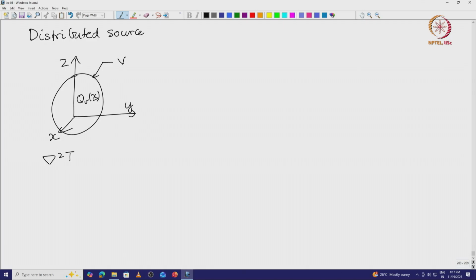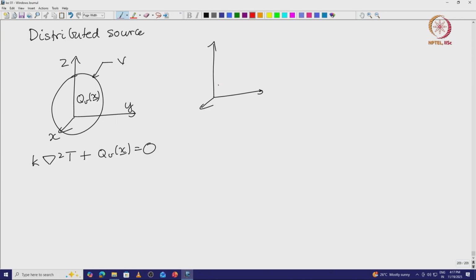And the temperature field is given by k del square T plus QV of x is equal to 0. x is the location at which we are trying to derive the temperature field. This is the differential equation for the temperature field. And I had drawn an analogy between this and a point source.